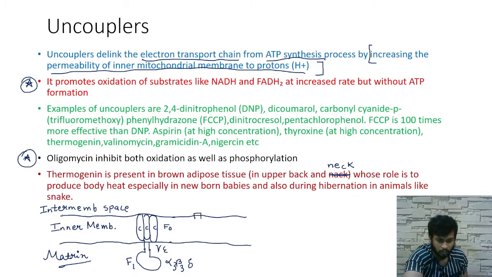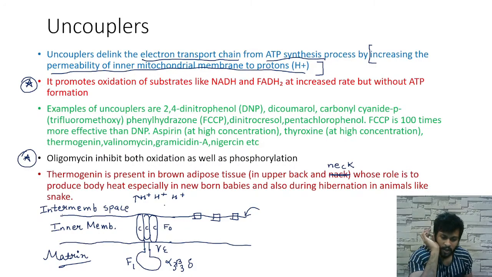So what will uncouplers do? They will increase the permeability of the inner mitochondrial membrane to protons. And we know that in the intermembrane space there are protons in higher amount. So instead of passing through ATP synthase, the protons will start to pass through the inner mitochondrial membrane.